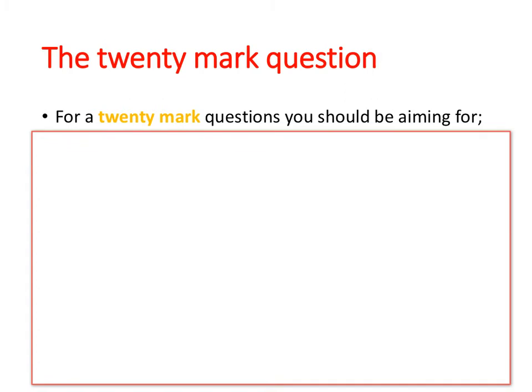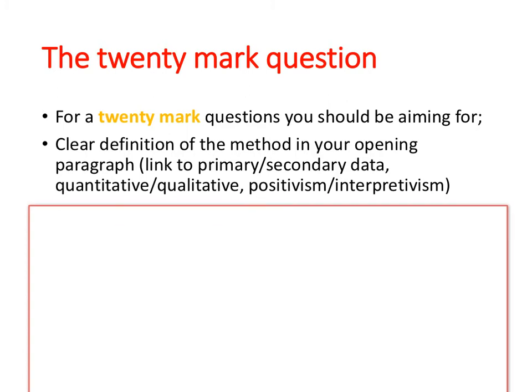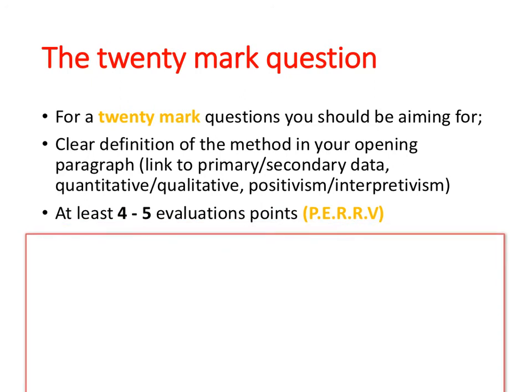Now, to get as many marks as possible for the 20 marker, you need to begin with a clear definition of the method and state whether or not it produces primary or secondary data, whether or not it produces quantitative or qualitative data, and whether or not we would associate it with either a positivist or an interpretivist approach to research. So about a paragraph explaining the method in the opening section of your mini essay question.